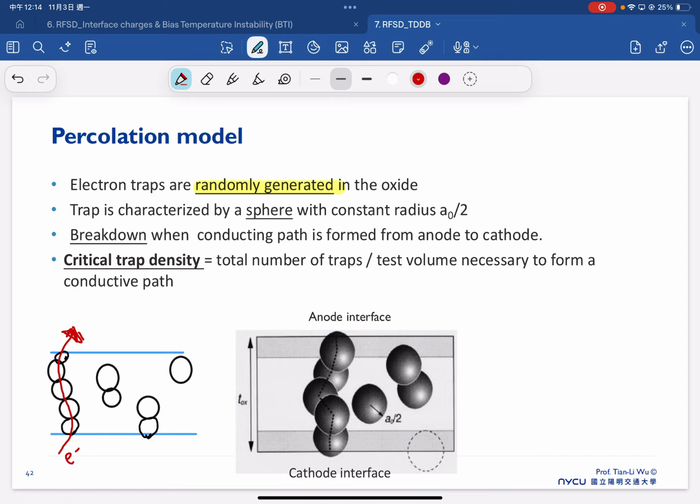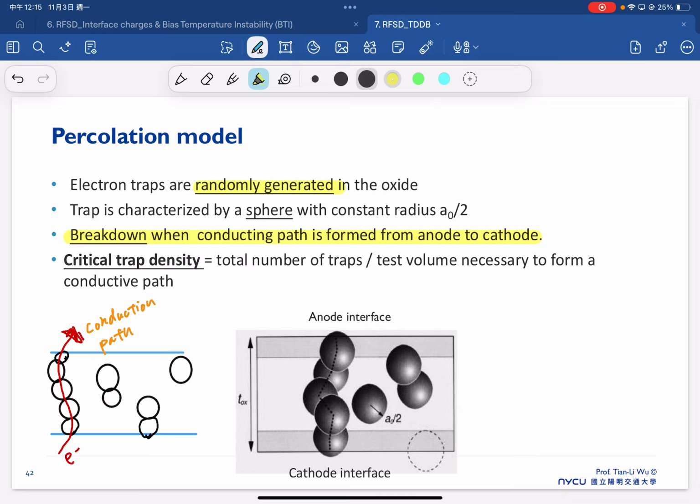So this is the moment where we have the breakdown, when a conducting path is formed from anode to cathode. That's what we call the population model for understanding time-dependent dielectric breakdown.